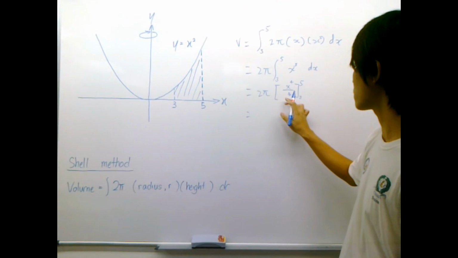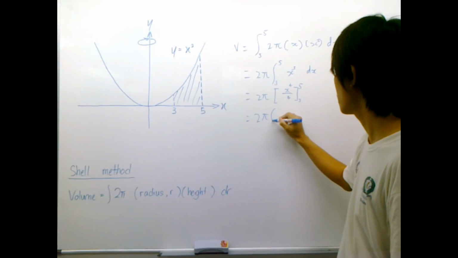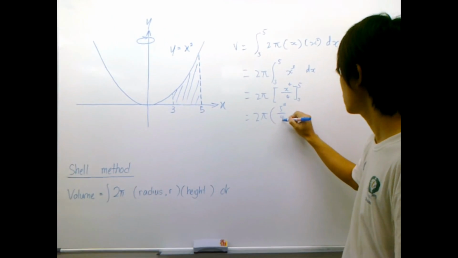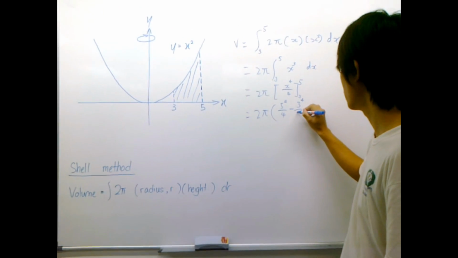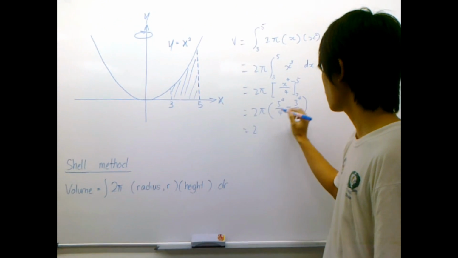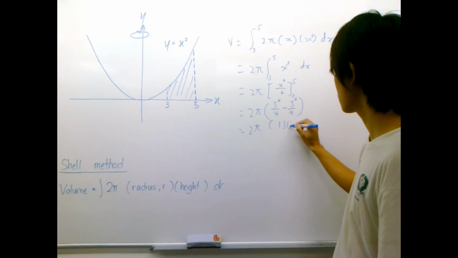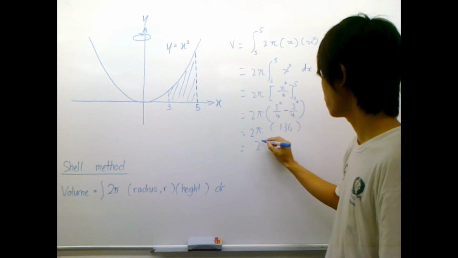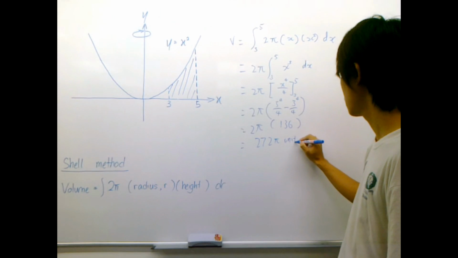The next step is to expand this, which is pi times 5 to the power of 4 over 4 minus 3 to the power of 4 over 4. If you calculate this, you'll get the value 136. Multiply this in and you get the volume of revolution, which is 272 pi units cubed.